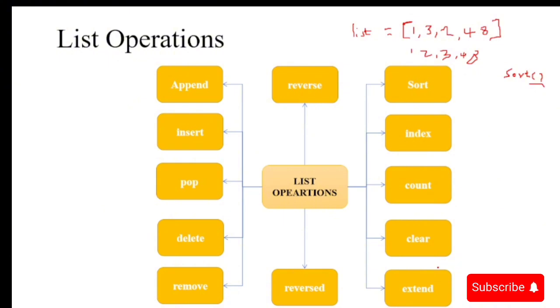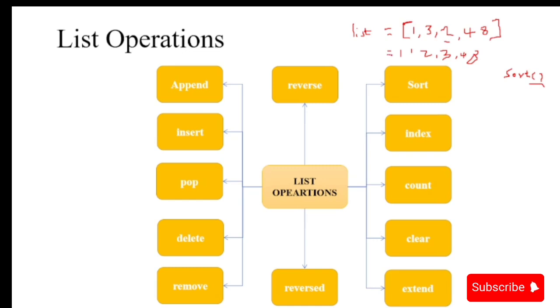And then we have count. The count method, or the count list operation, is used to return the number of occurrences of the specified value in the list. For example, I want to check how many times 1 occurs in my list.